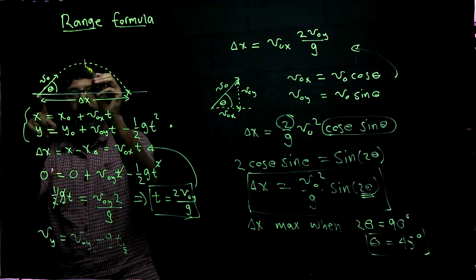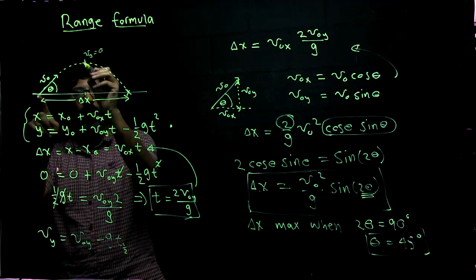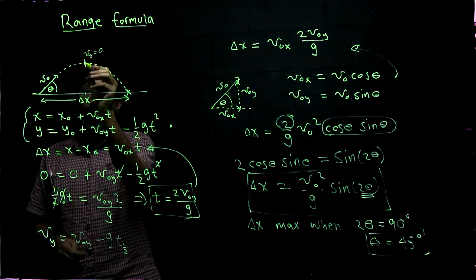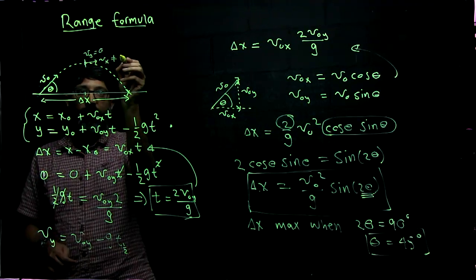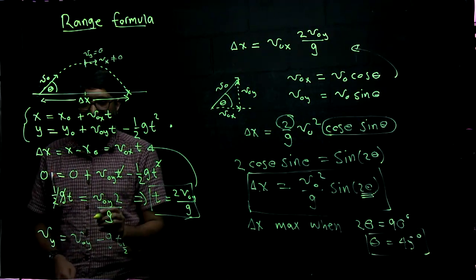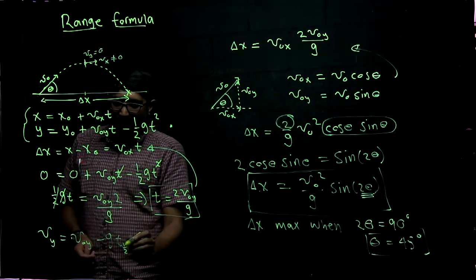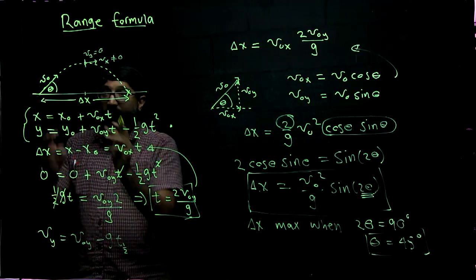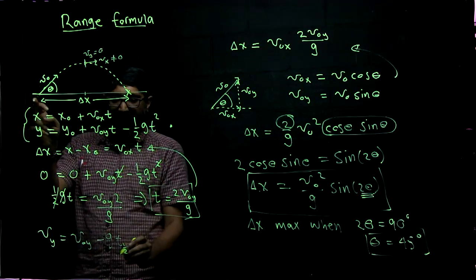My vertical velocity goes to 0. Vy is 0 here. My horizontal velocity is not 0. Vx is not 0. In fact, Vx is constant the whole time. So I could figure out the entire time for the trajectory by just doubling t 1/2.